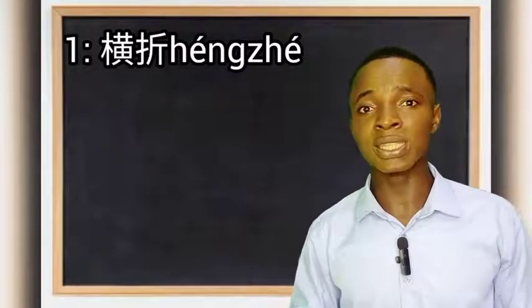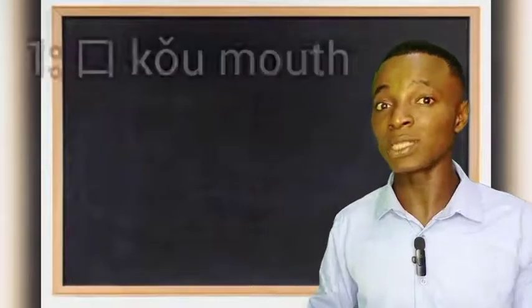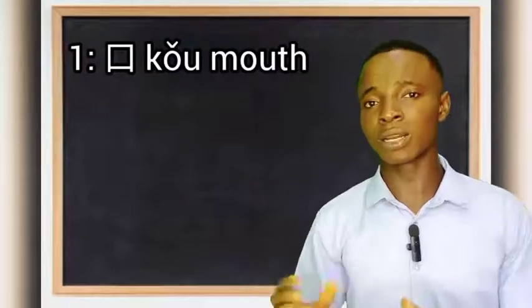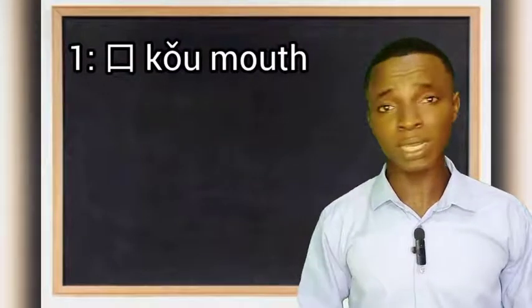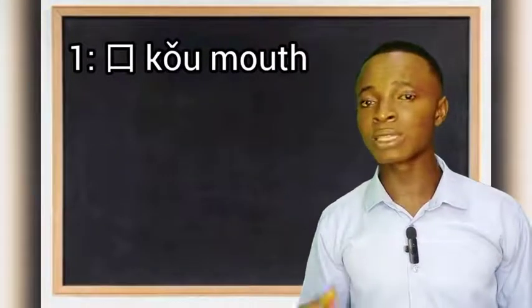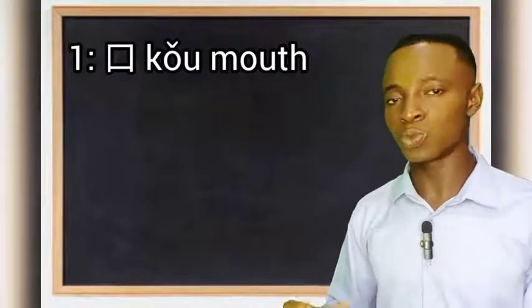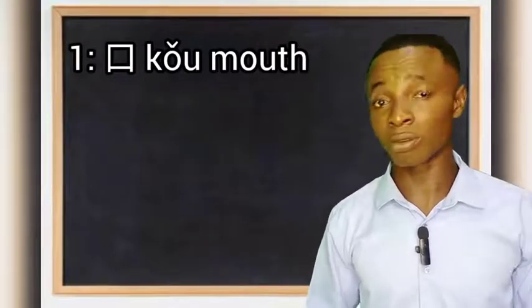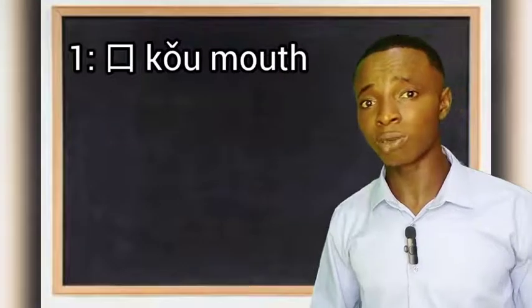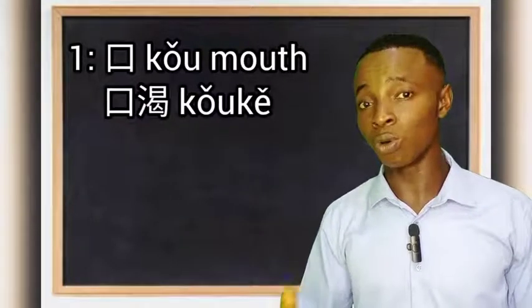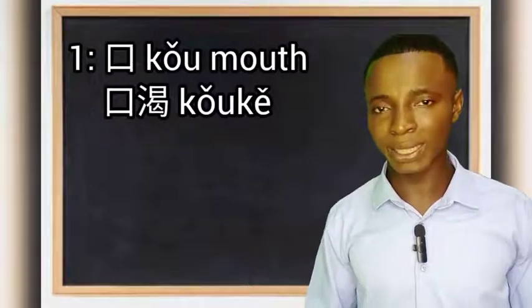Now, let's see how this stroke appears in one of the characters we're going to discuss. Here is another commonly used word in the Chinese language. Kǒu. Kǒu literally means mouth. This word relates with many other Chinese words. For example, the Chinese word for thirsty is 口渴. So, I'm thirsty.